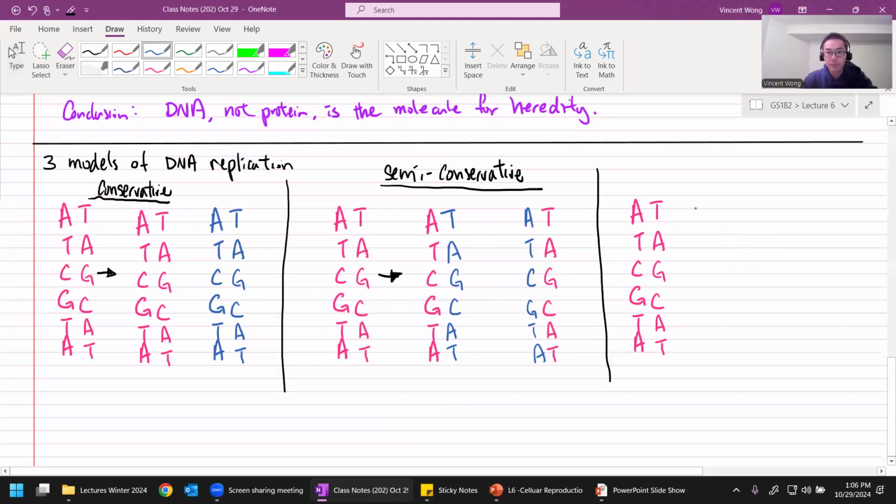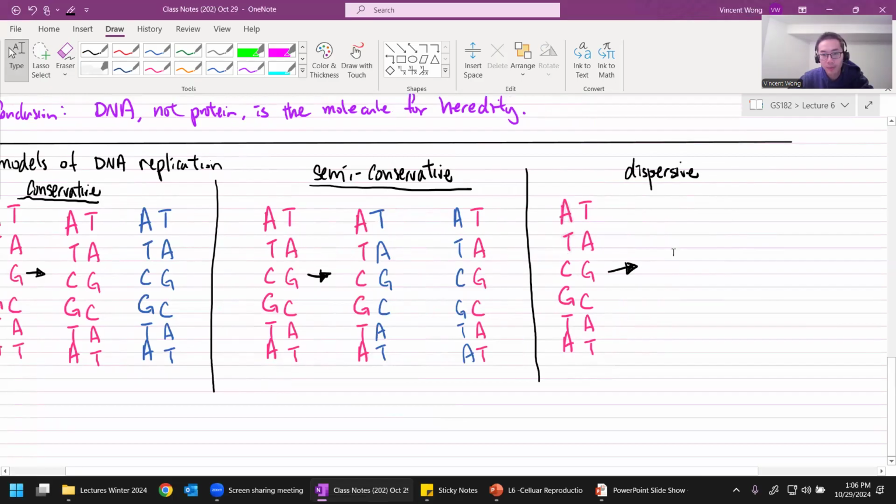Yes, thank you. Okay, so the last model is dispersive. Dispersive is like this: you're going to take a bit from each. It's actually really hard to do on the board here, but let me try.